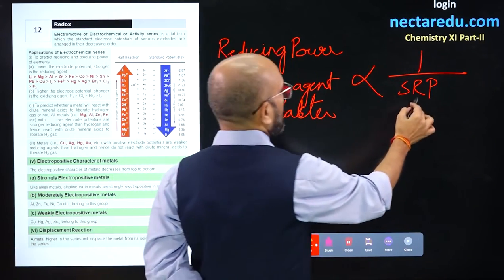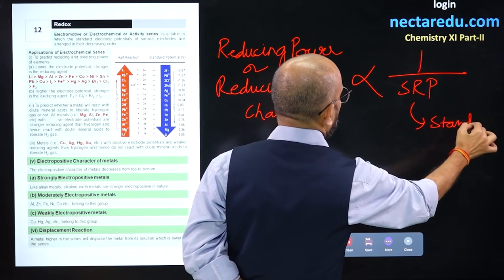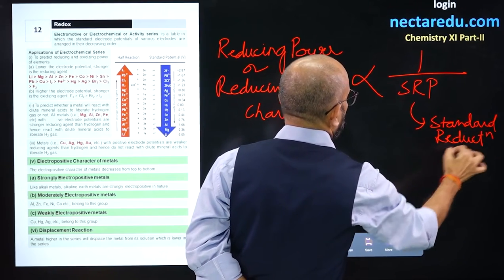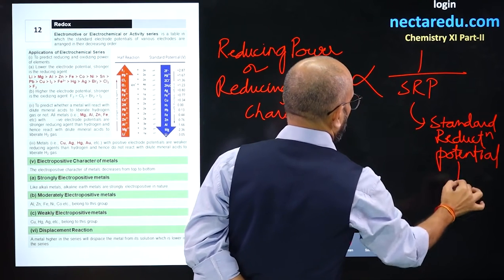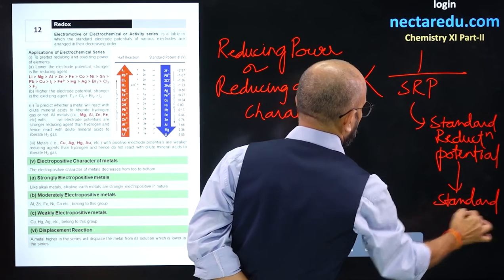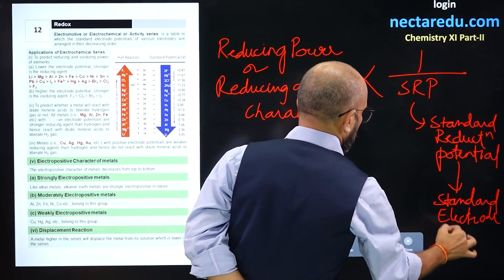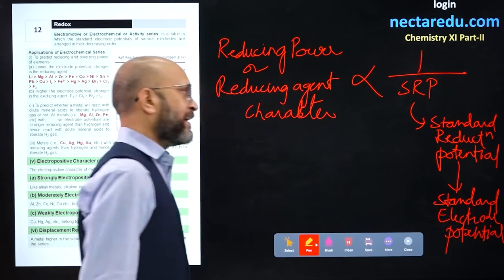SRP means standard reduction potential. This is also called standard electrode potential. Standard electrode potential and standard reduction potential are one and the same thing.